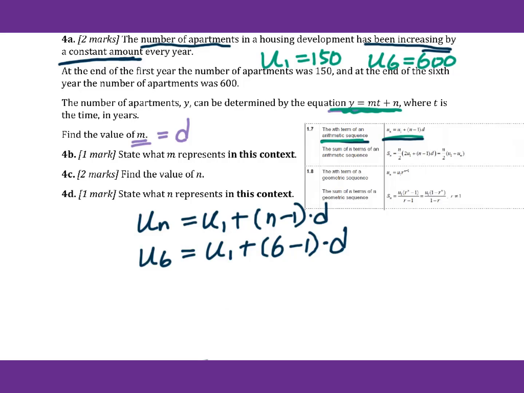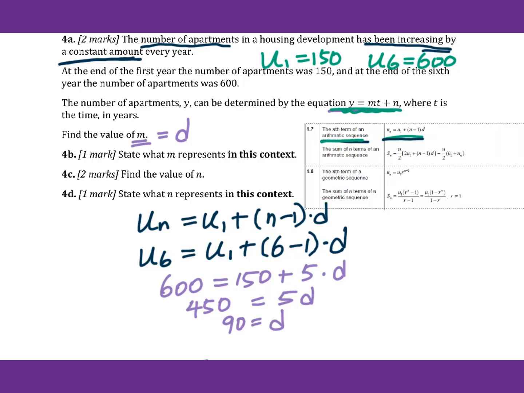Then we plug in 600 equals 150 plus 5 times d. Then subtract 150 both sides. You get 450 equals 5d. Divided by 5, d equals 90. Therefore, this m equals 90.